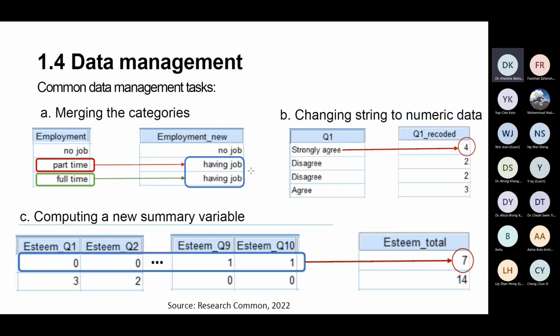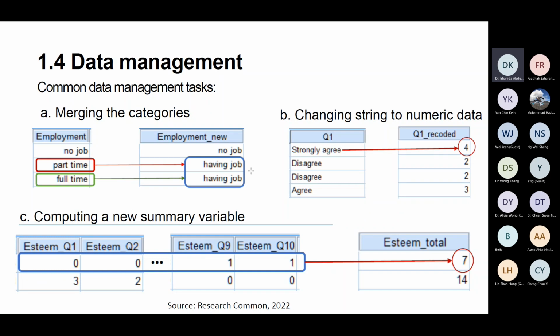So we need to recode the data: strongly agree becomes 4, agree becomes 3, disagree becomes 2, and so on. Recoded. I will show it to you later.